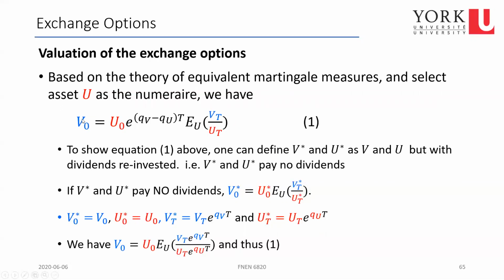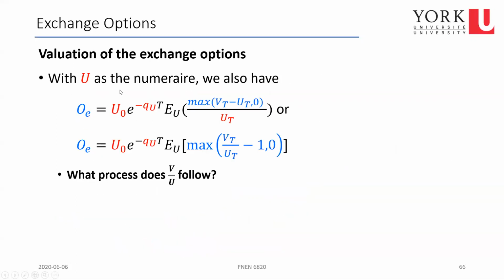This one is a condition between V and U, and here is a condition between the option price and U. The current price of the option divided by the current value of asset U is equal to the final price, which is the payoff of the option, divided by the final value at maturity of asset U, with this expectation taken with U as the numeraire.